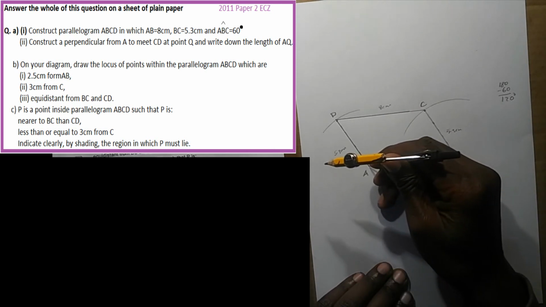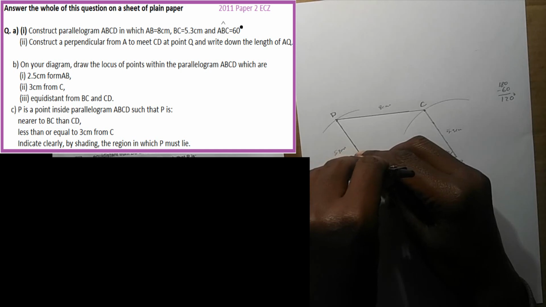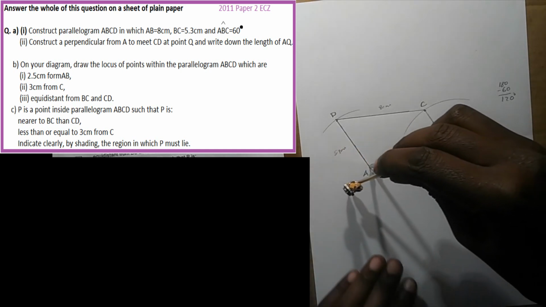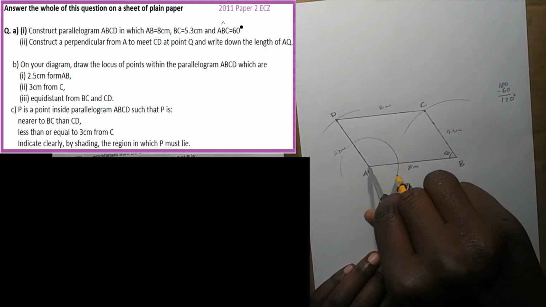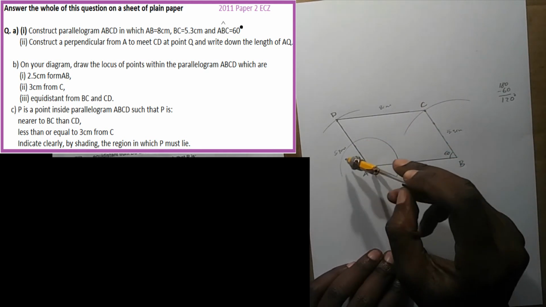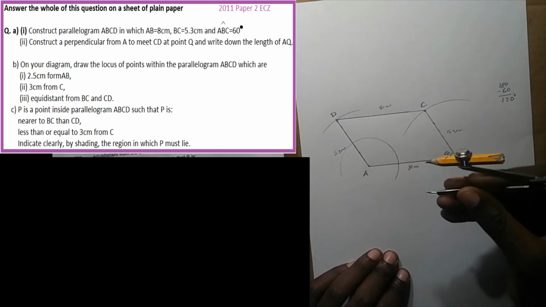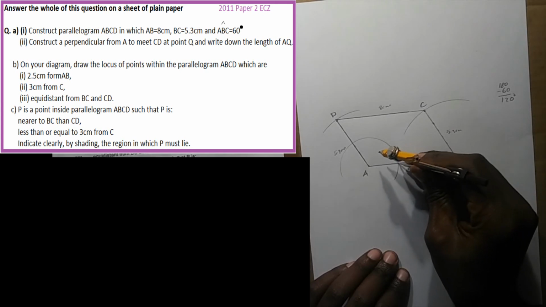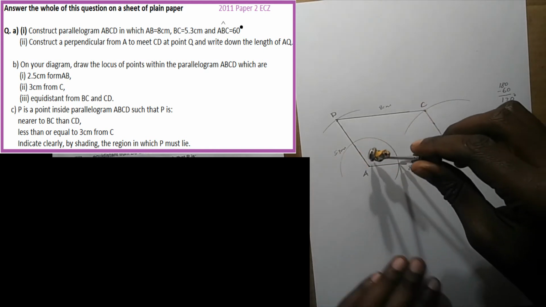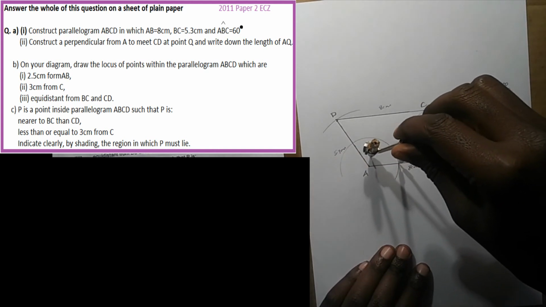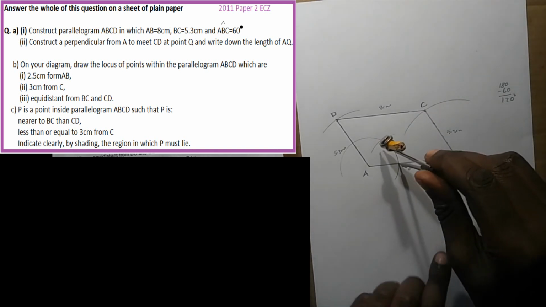So we are going to put our compass here at A. Put your compass at A and open a suitable radius. Okay, just a nice radius there, and draw an arc like this one, which cuts the line AB. And so you come here where it cuts the line AB, put your compass there, and make sure you draw an arc there that cuts the arc that you drew at first.